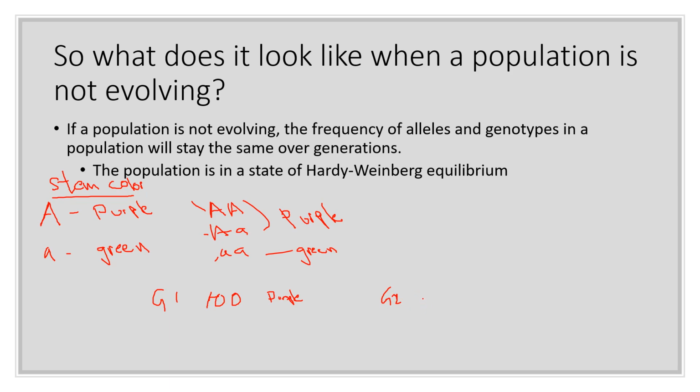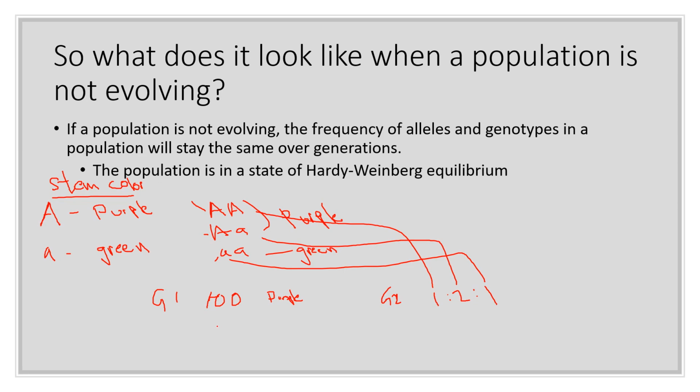With the F2 generation, let's say that it follows a ratio of 1 to 2 to 1, where 1 is homozygous dominant, 2 is heterozygous, and 1 is homozygous recessive. And so we can see that this frequency is changing.